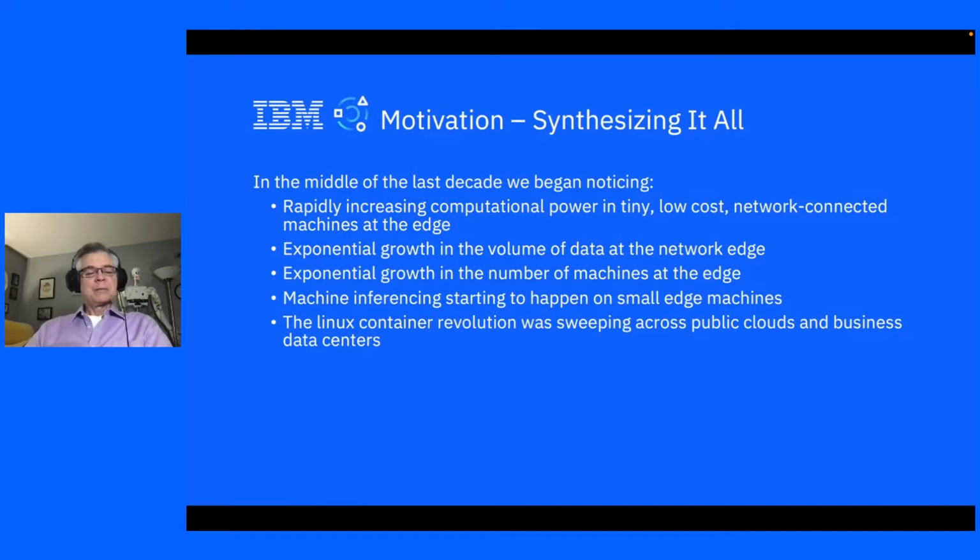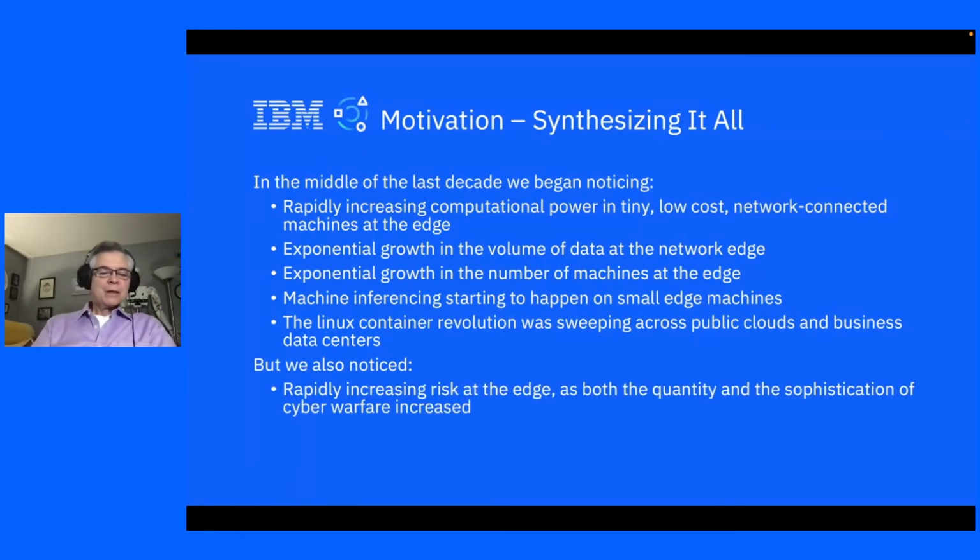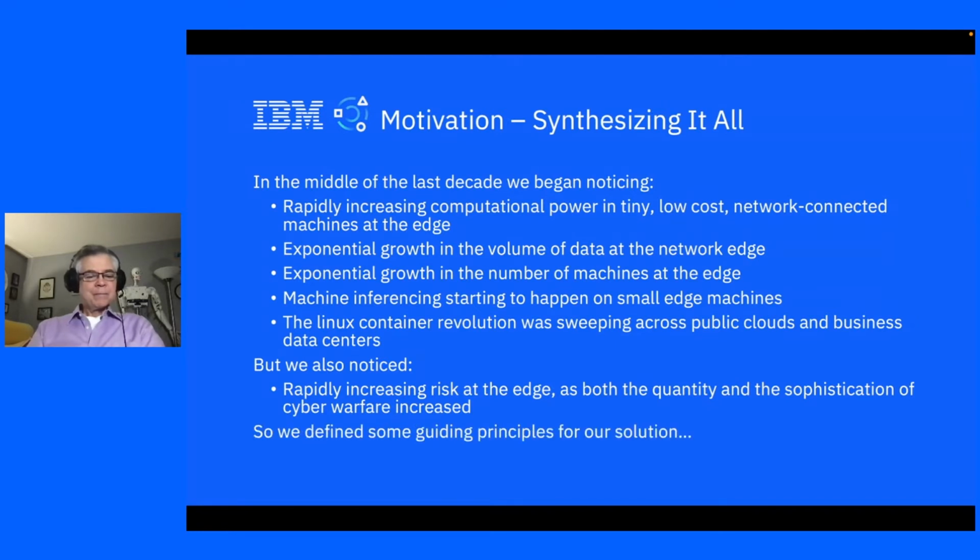At the same time, the Linux container revolution was sweeping across public clouds and business data centers. But we also noticed rapidly increasing risk at the edge as both the quantity and sophistication of cyber warfare increased. And there were a lot of botnet attacks around that time where entire collections of IoT devices were being pressed into service by malevolent actors.